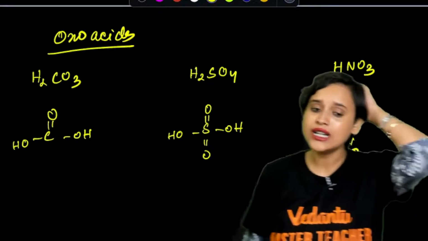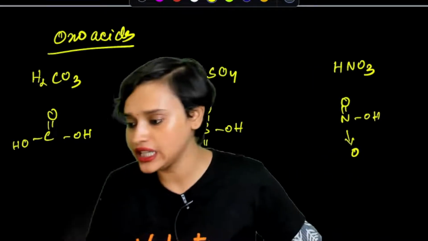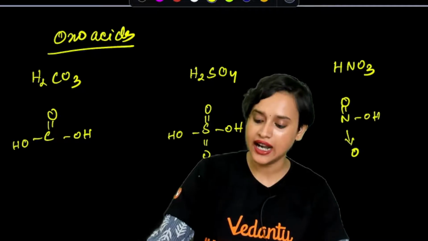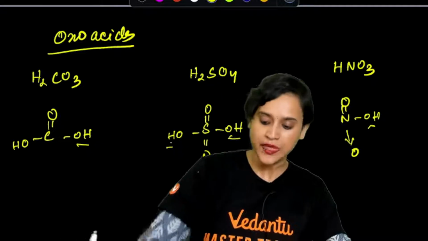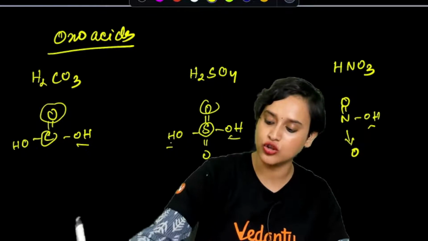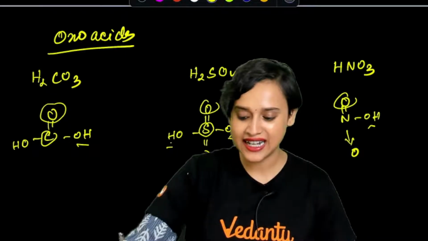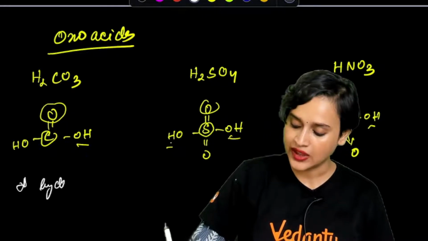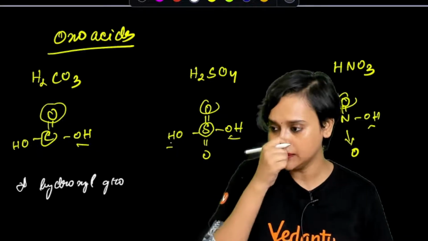Now, what are the characteristics of this oxo acid? You will see, everybody, that there is a hydroxyl group, that is OH, OH. And to the same atom, you also have an oxo group. Do you see you also have an oxo group? So this is the characteristic. If you have to write it down, there has to be a hydroxyl group.